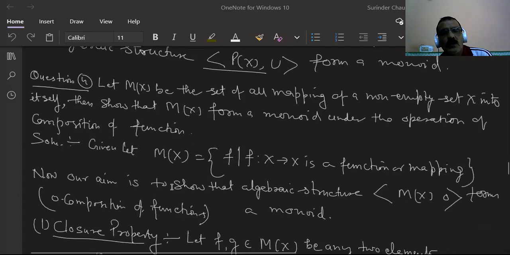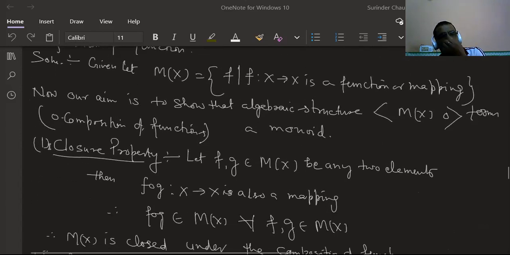Now our aim is to show that the algebraic system Mx with composition of functions forms a monoid. First is the closure property. Let f and g belong to Mx, two functions.